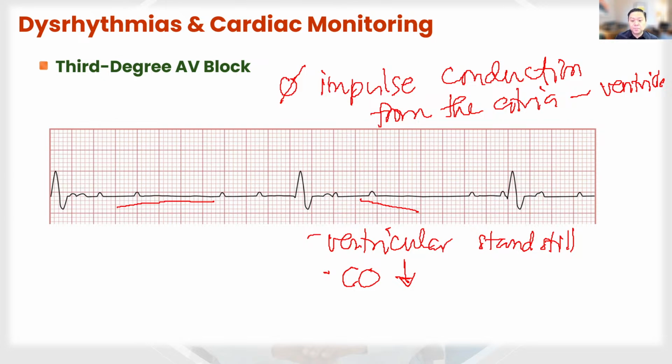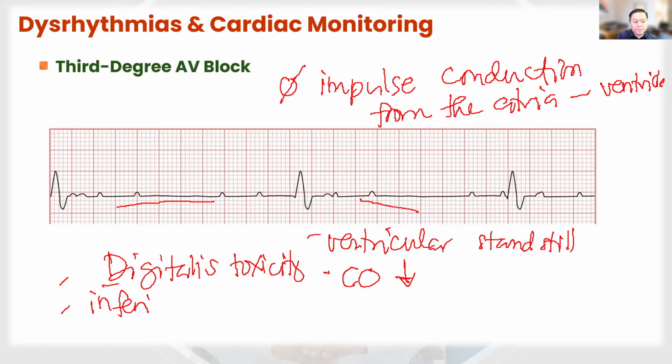There are many. Okay, one of those is digitalis toxicity. So if there was no proper monitoring of the cardiac glycoside digitalis for this patient with congestive heart failure, they're possibly going to have this third-degree heart block, or maybe this is going to be caused by an inferior wall MI.